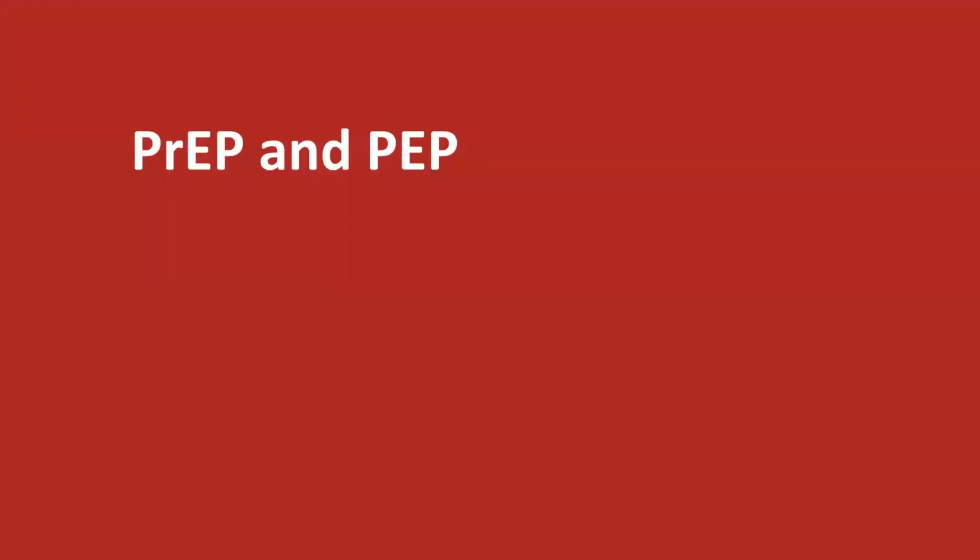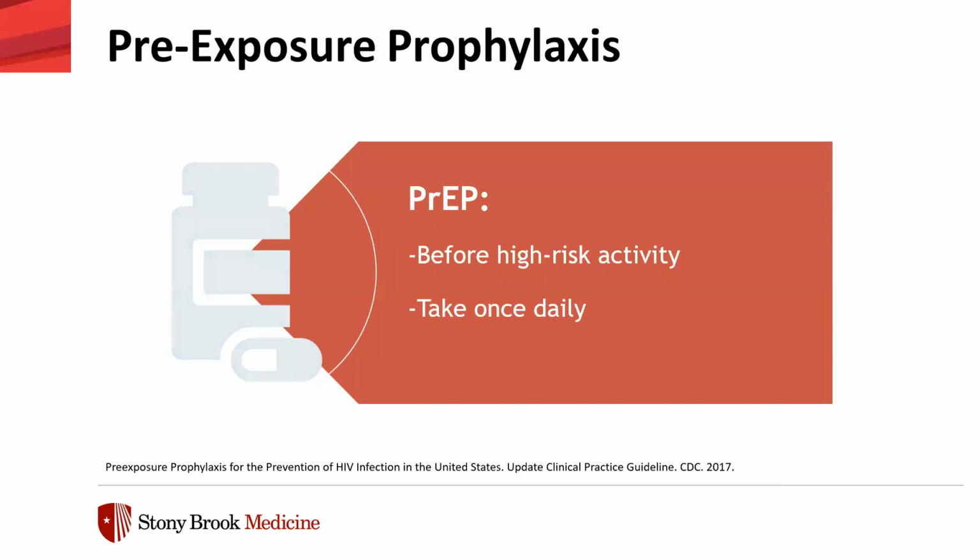Now let's compare those HIV regimens to regimens that are utilized in pre-exposure prophylaxis and post-exposure prophylaxis. Pre-exposure prophylaxis is a medication that's indicated to be taken before high-risk activity, to be taken consistently once daily. There are currently 2 FDA-approved medications specifically for the use in PrEP.